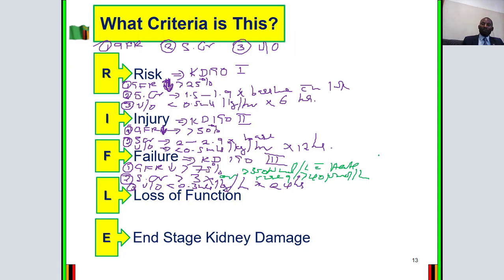Also, if there is the aspect of insertion of renal replacement therapy, that is dialysis, that's still stage 3. So if the patient is put on the dialysis machine, then we know that now that is in stage 3.